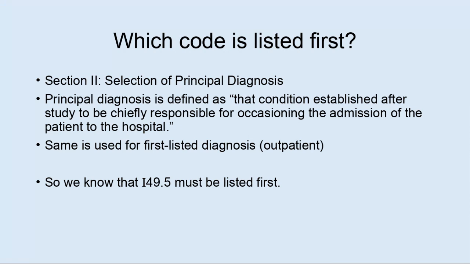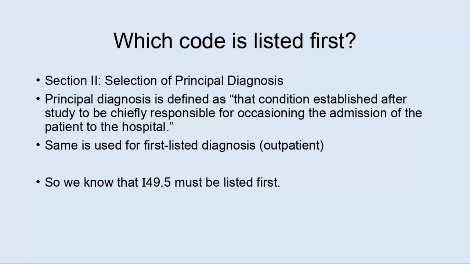If you go to the front of your ICD-10-CM book, Section 2, Selection of Principal Diagnosis. This is after all of the specific guidelines for specific chapters in ICD-10, and that's all Section 1. Section 2 talks about principal diagnoses.